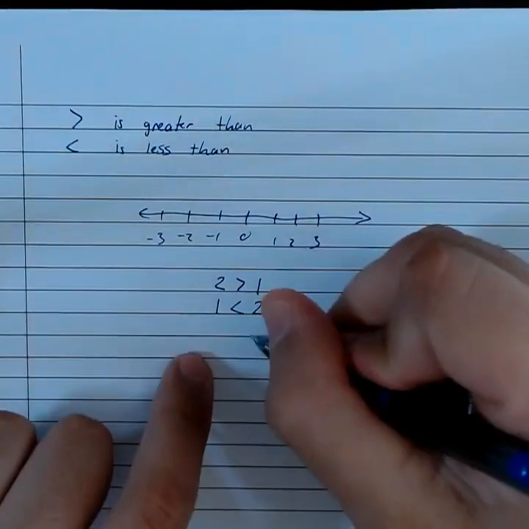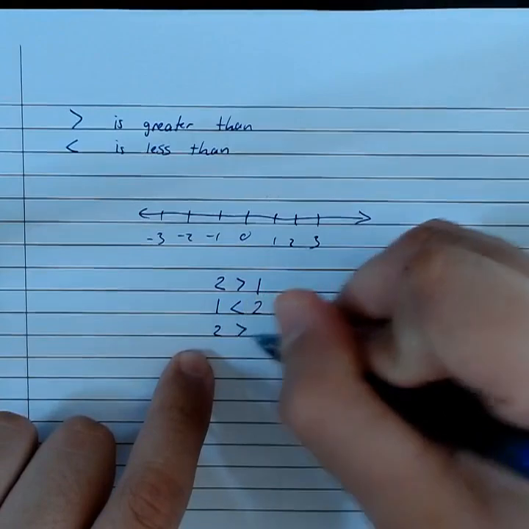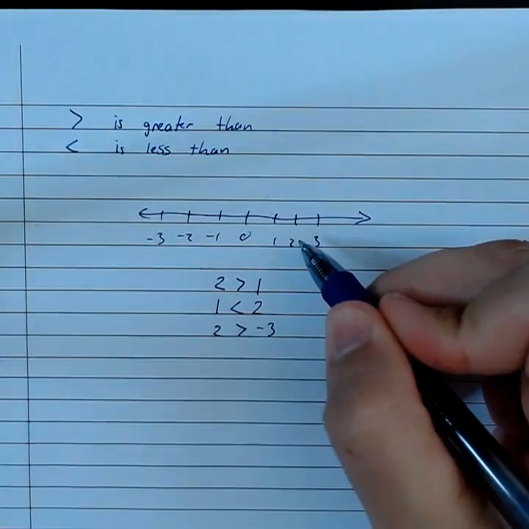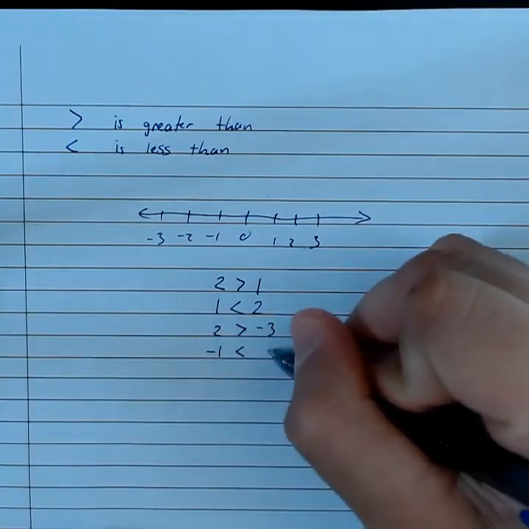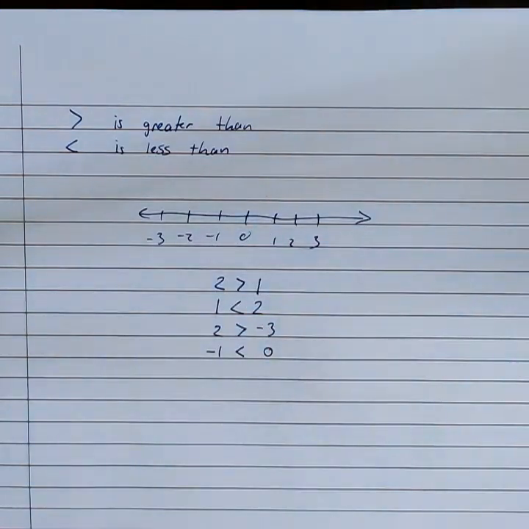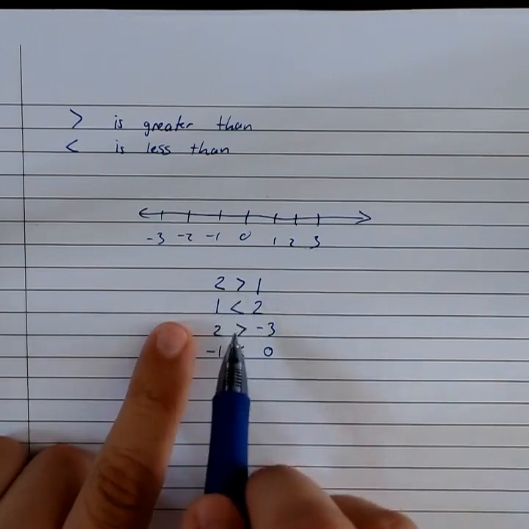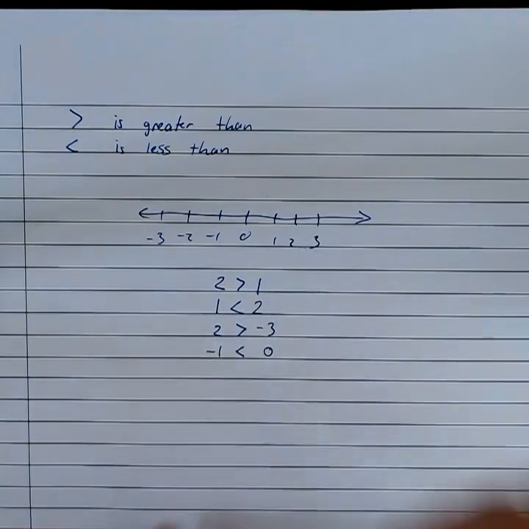So, for example, 2 is greater than negative 3, because of course 2 is to the right of negative 3, and negative 1 is less than 0, because again, negative 1 is to the left of 0. Now, we can compare individual numbers, and just by comparing their positions on the number line, we can say that's a true statement or a false statement, just like we can with an equation.